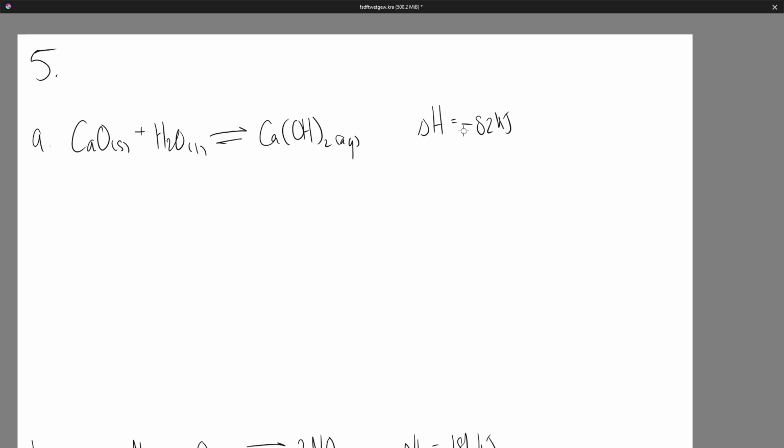I mean exothermic reaction because we're releasing heat. Which means since we're releasing heat, we're making heat. Heat is a product, so we just add that as one of the products to help visualize.